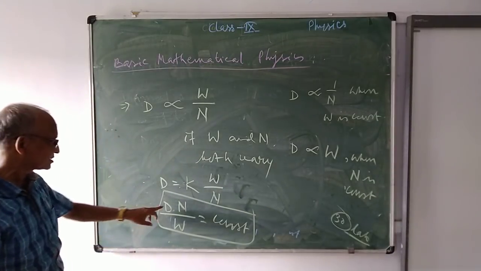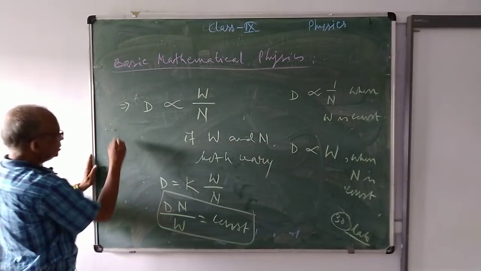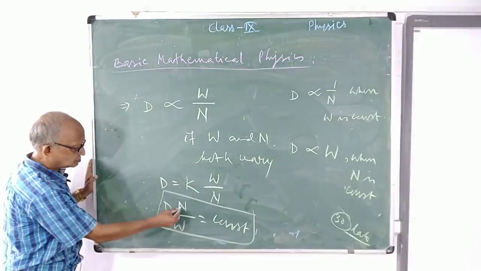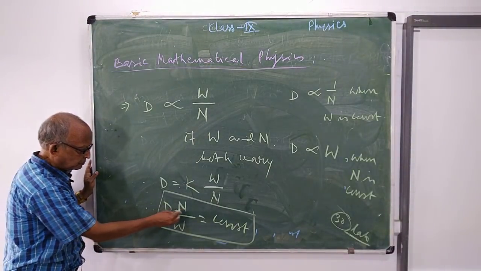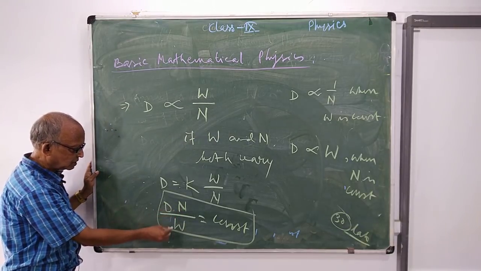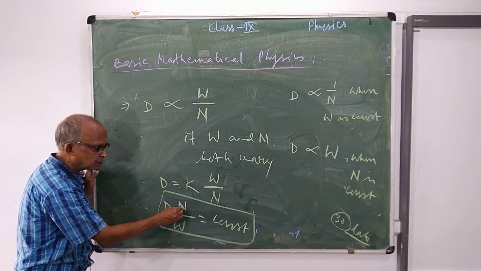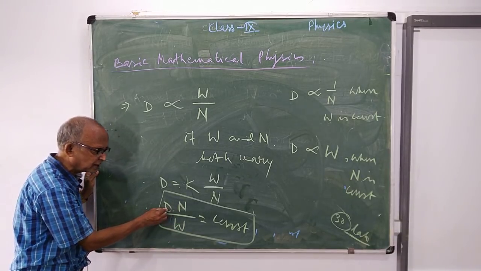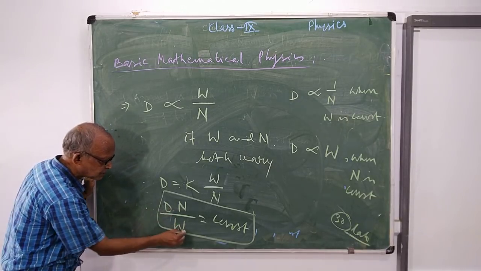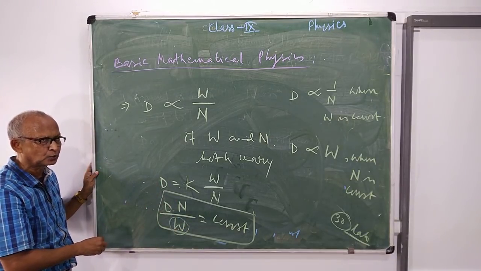You check this, just take one example. Let 30 couples working for 10 days plow 2 acres of land. Now the question is, let W be unknown.